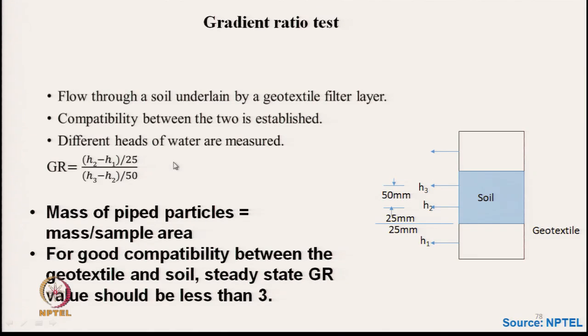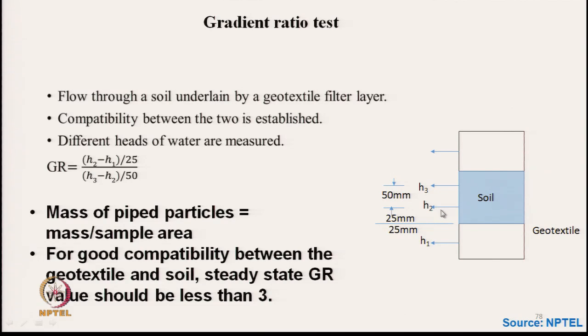Different heads of water are measured. We measure the water head at the bottom of the geotextile, then at height 25 millimeter from the geotextile H2, and from there H3 another 50 millimeter.